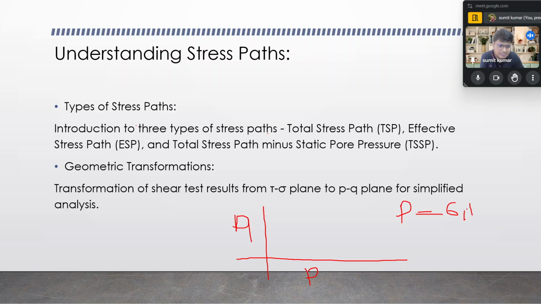So P is (sigma 1 plus sigma 3) by 2, and Q is (sigma 1 minus sigma 3) by 2.